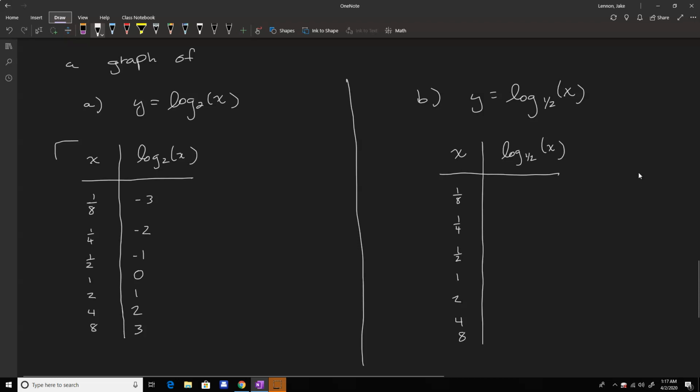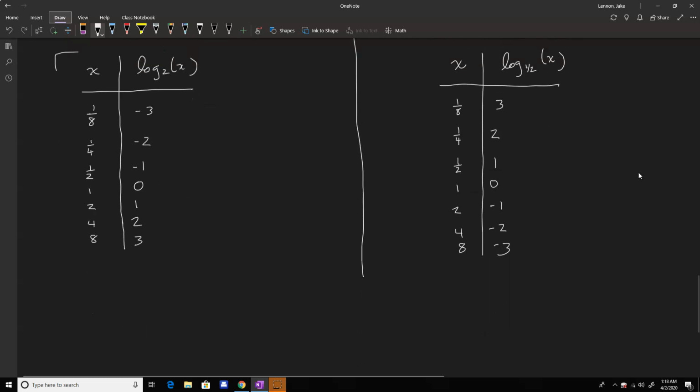So 1/8 is just 1/2 to the 3rd power. 1/4 is 1/2 squared. 1/2 is 1/2 to the 1st power. 1/2 to the 0 makes 1. 1/2 to the -1 would make 2. 1/2 to the -2 would make 4. And 1/2 to the -3rd would make 8.